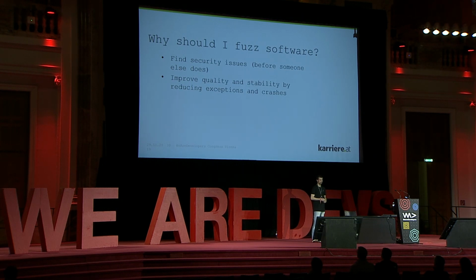Now that I explained all these steps, you may ask yourself, whoa, that looks a little bit complicated. Why should I actually fuzz my software? First thing is, you find security issues. And you find them before someone else does. Because if you or your company provides a download of an executable file, every other researcher or every other hacker can use this executable file and fuzz it to find software vulnerabilities in it.